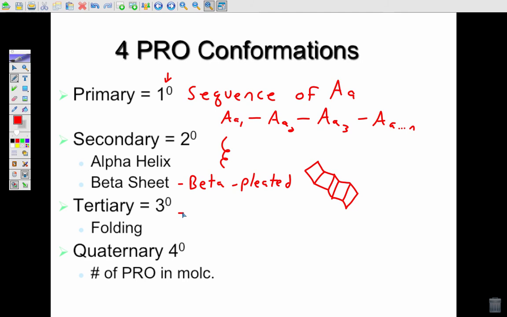Tertiary structure is how the protein is folded. The tertiary structure is really important for enzymes, because if an enzyme isn't folded correctly, then it won't work.